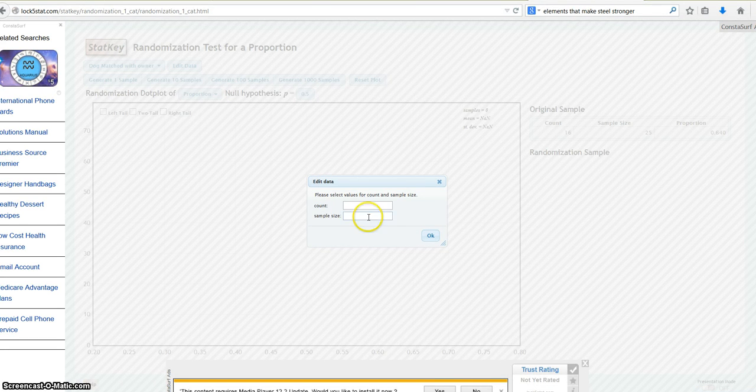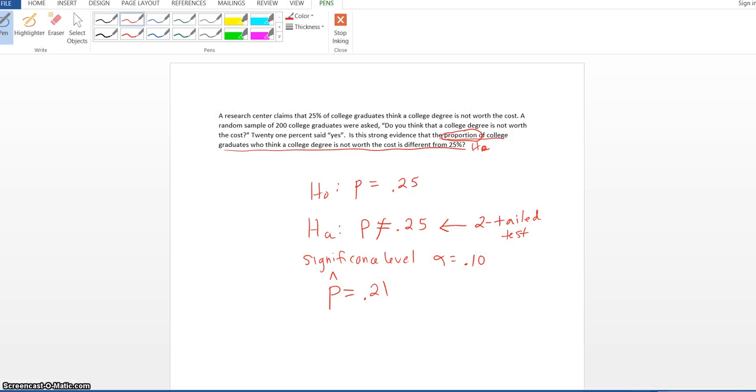Now, I know that my sample size is 200, and that 21% of those 200 people said yes. So in order to figure out my count, I need to multiply 21% times 200. .21 times 200 gives me 42 people who said yes.